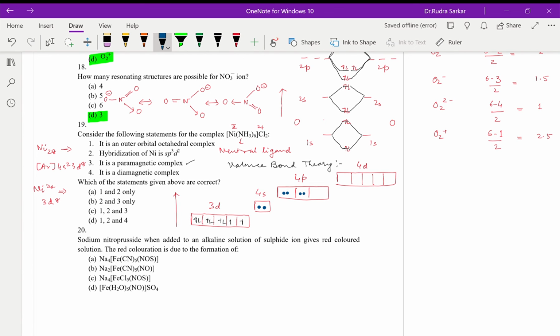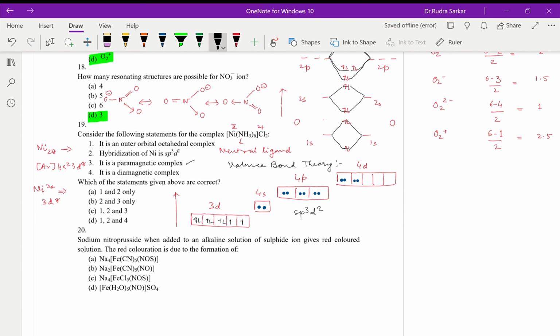So we will fill up the 6 orbitals, which is s, p, d. Okay, so it will be basically having the hybridization sp3d2.